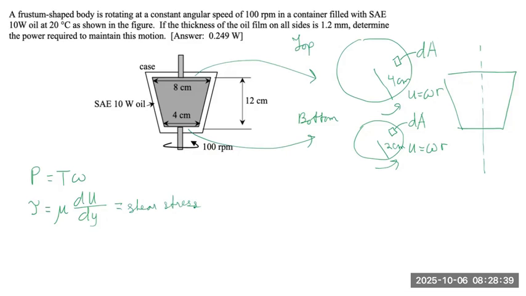And we can express it as mu times du over dy. So what is du? Well, du is going to be varying differentially, so we're going to have to integrate it, but it's omega times r.